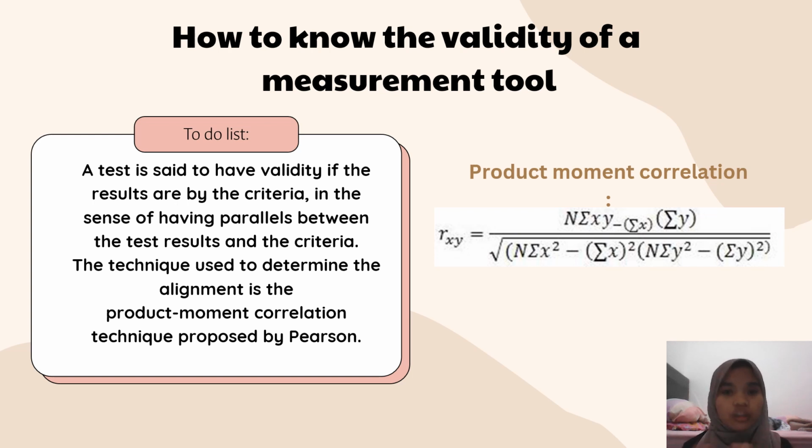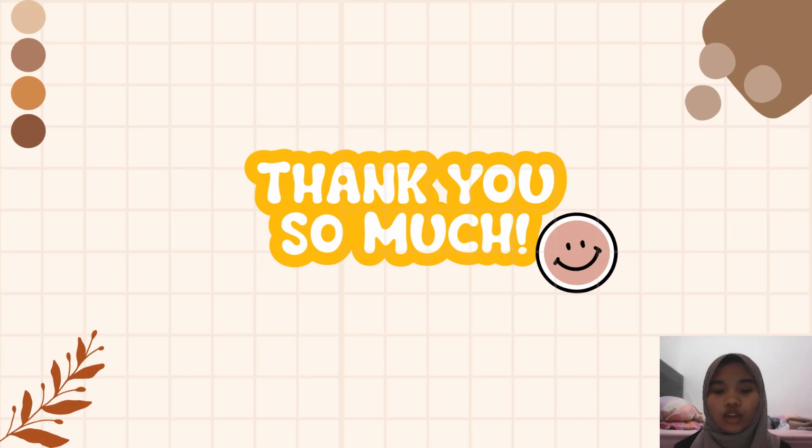The technique used to determine the alignment is the product moment correlation technique proposed by Pearson. Here I have the formula of the product moment correlation to know the validity of a measurement tool.